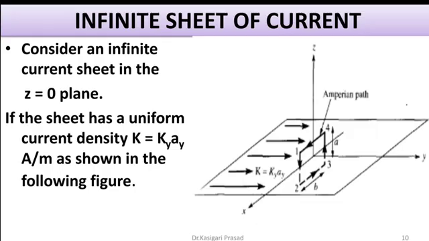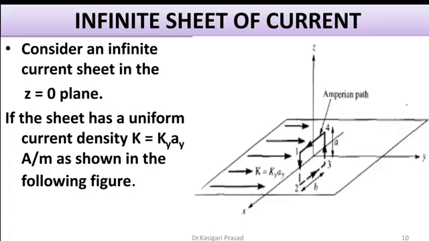Here we have taken an Amperian path from 1 to 2, 2 to 3, 3 to 4, and 4 to 1. The horizontal distance in that Amperian path is b, from 2 to 3 and from 4 to 1. Similarly, the vertical distance from 1 to 2 is a, and from 3 to 4 is also a.